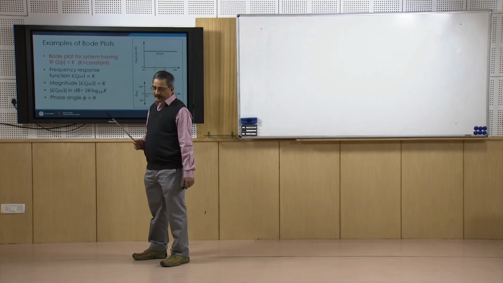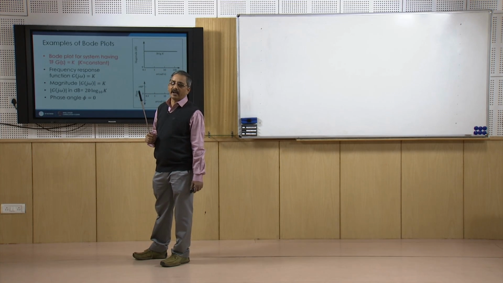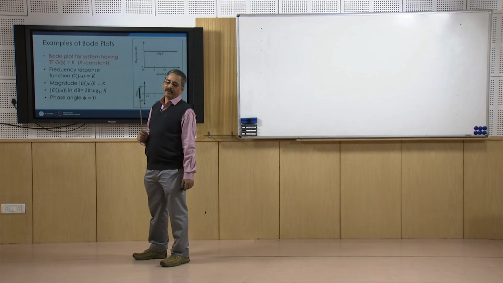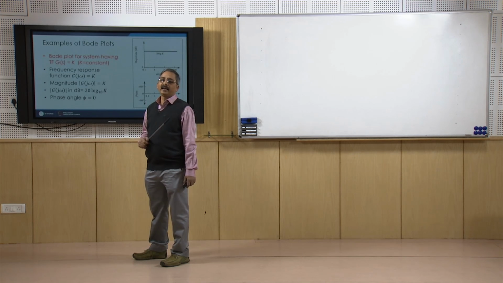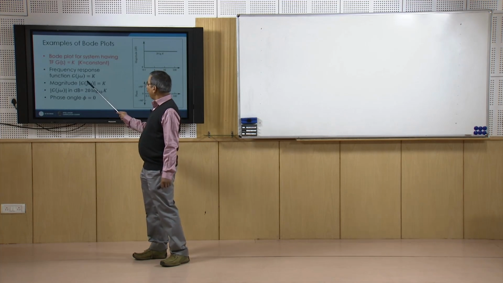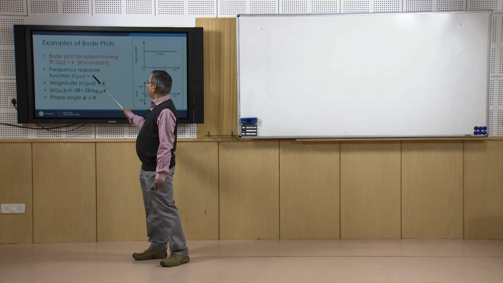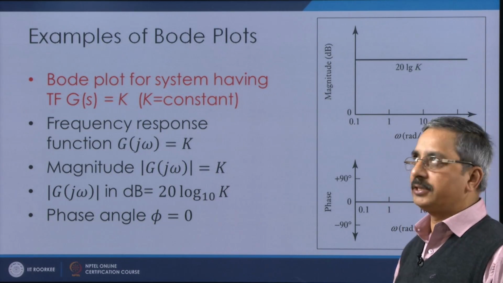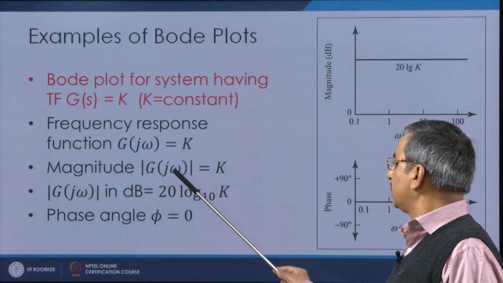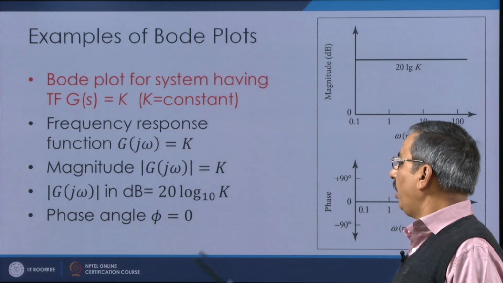So, what will be the magnitude of G(jω)? This magnitude will be the square root of x squared plus y squared, where x and y are the real and imaginary components of G(jω). Here the real component is K and the imaginary component is 0, so this magnitude will be K only.